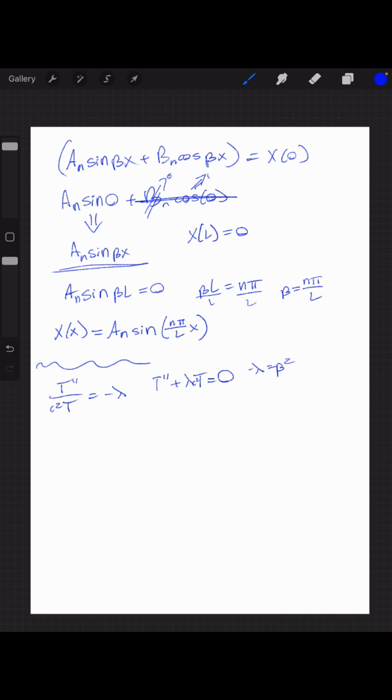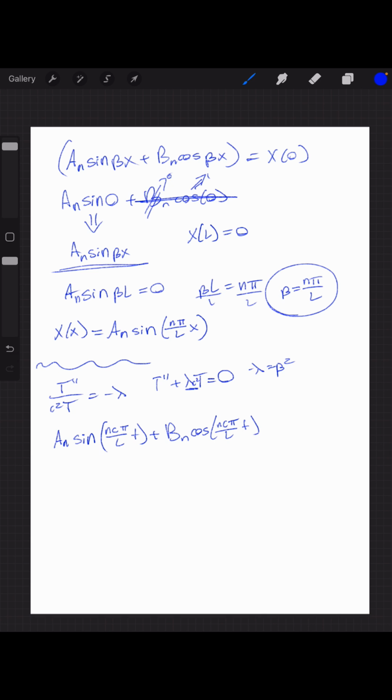The difference between this equation and the X equation is that now we have this c squared term, so that's going to multiply by the beta. So we get a_n sine n c pi over L times t plus b_n cosine n c pi over L times t.